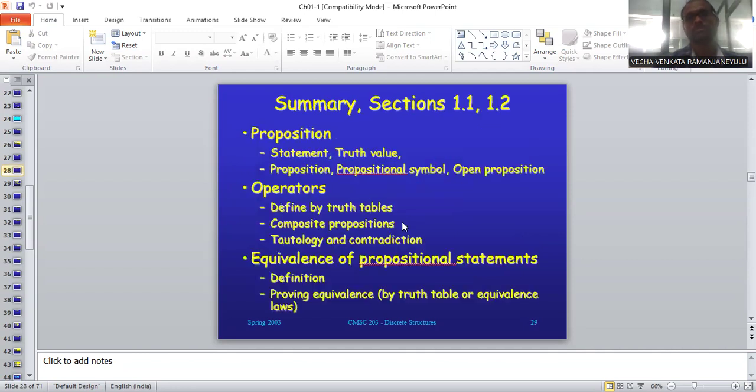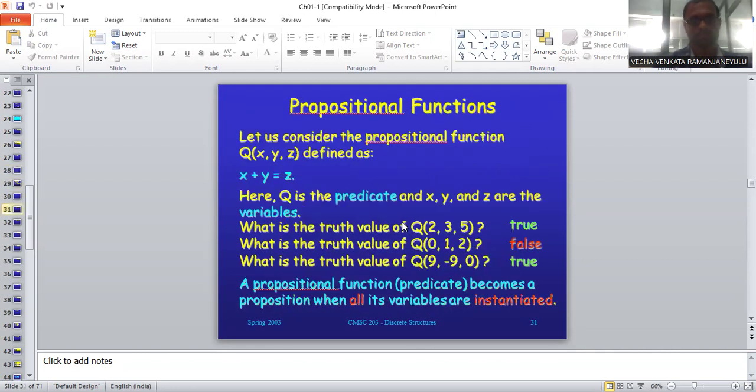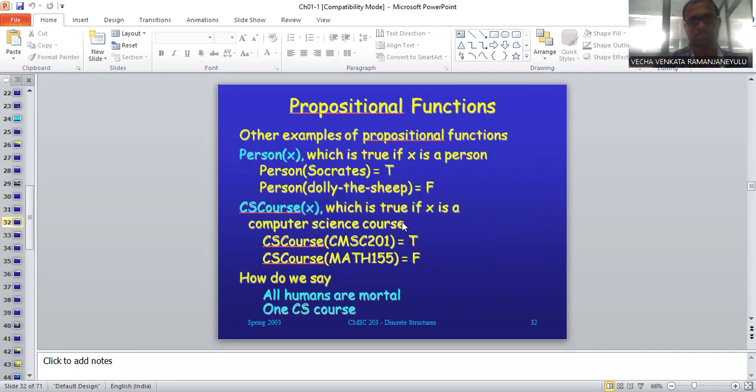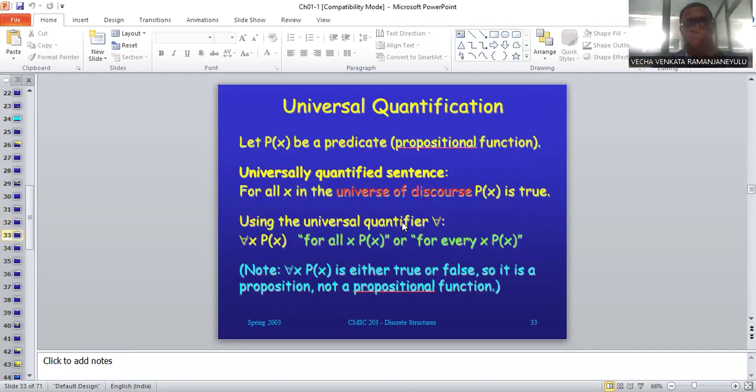Next, universal quantification. Here I am taking letter P of X to be some predicate, a propositional function.